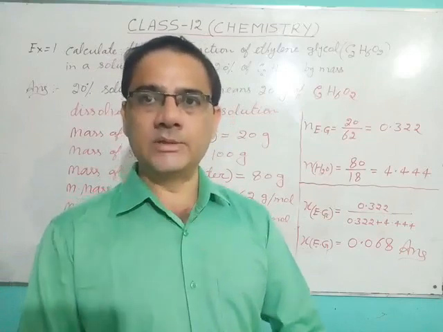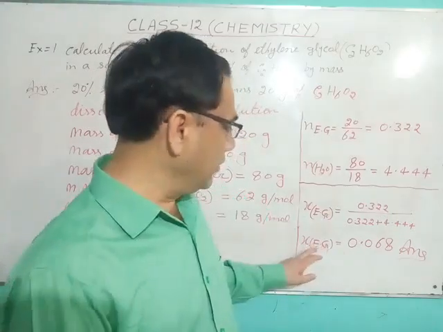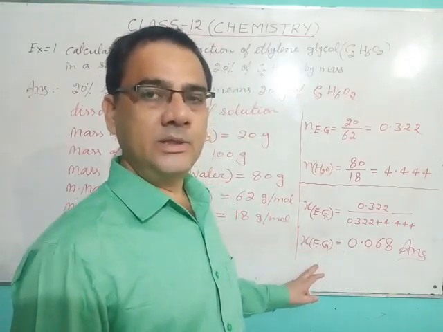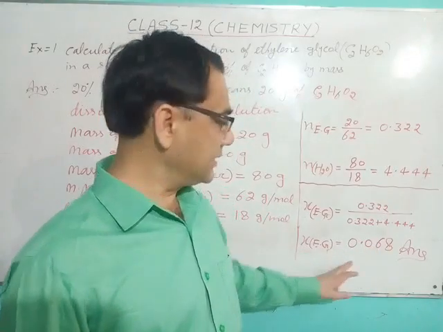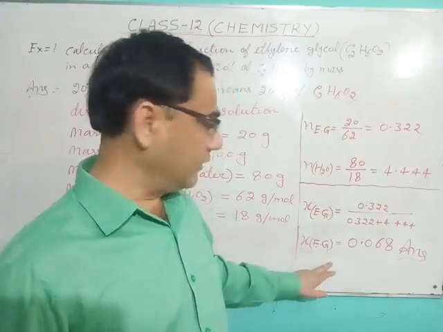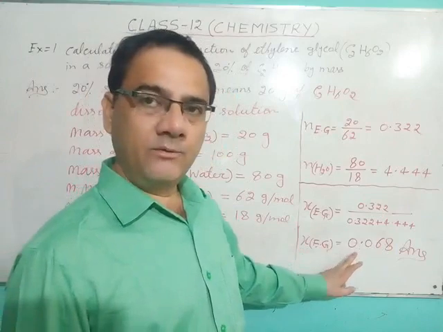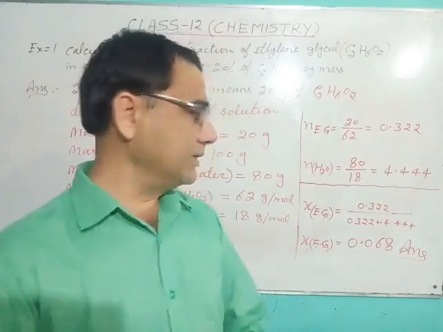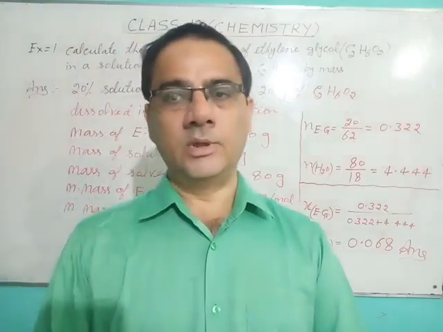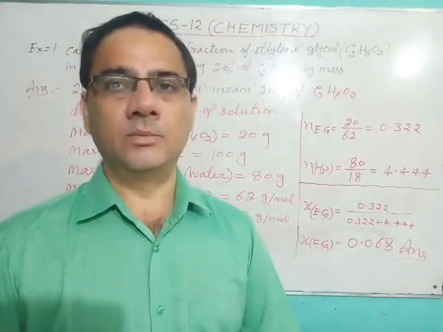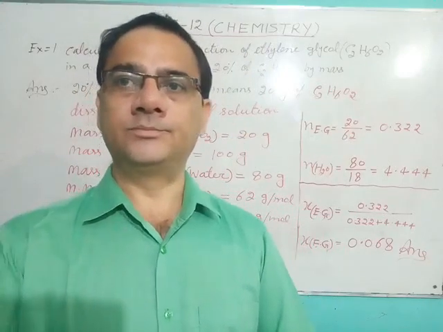If two components are there and one component's mole fraction we have calculated, the second component's mole fraction we can easily calculate just by subtracting this mole fraction from 1. The mole fraction of water will be equal to 1 minus mole fraction of ethylene glycol, that is 0.068. So like this we can calculate the mole fraction of ethylene glycol as well as the mole fraction of water.